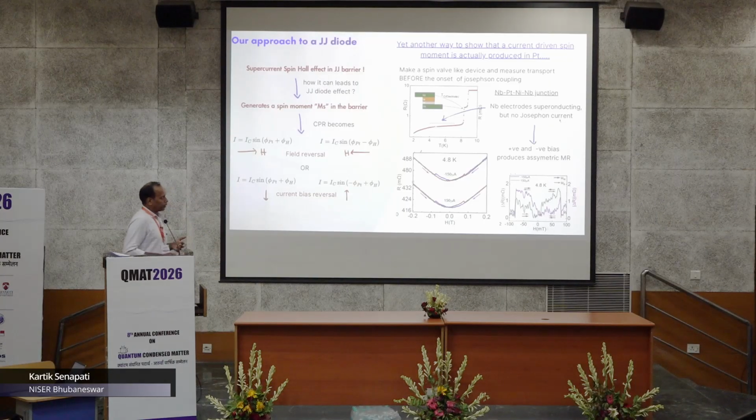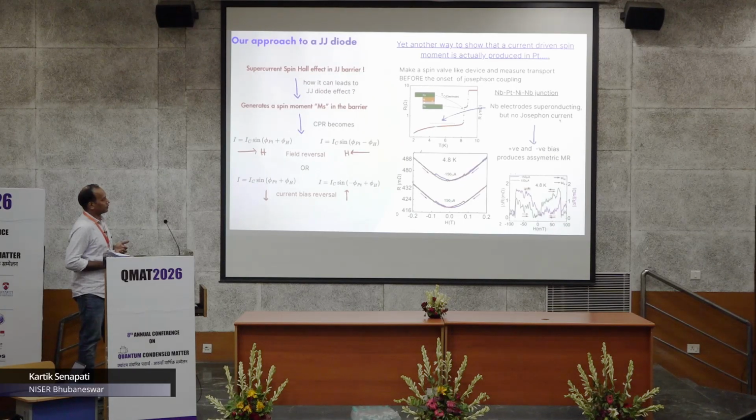It can also be proven in another way, if you make some sort of a spin valve like device. For example, if we put a nickel, and nickel has a moment, and if PT is actually generating a moment due to the proximity of the niobium in the superconducting state, then these two moments can be switched like a normal spin valve, and we see that signature.